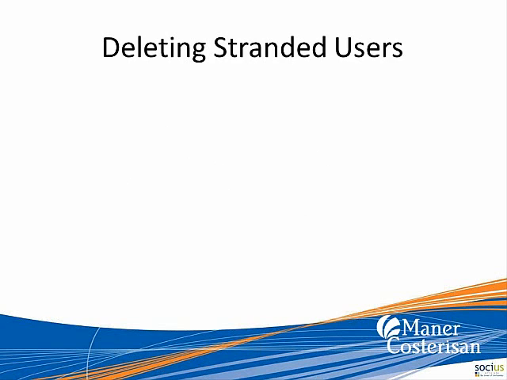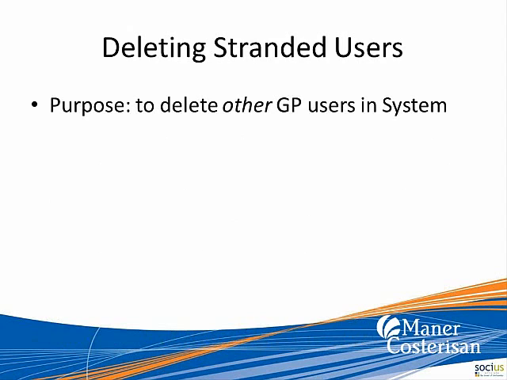Okay, so let's talk about deleting stranded users, a very common thing. The purpose here is to delete other GP users in the system, not yourself. Why? Because for most of you on the later versions, if you get yourself stranded, when you first log in and you choose your company again, it will say, hey, there's a user in the system.